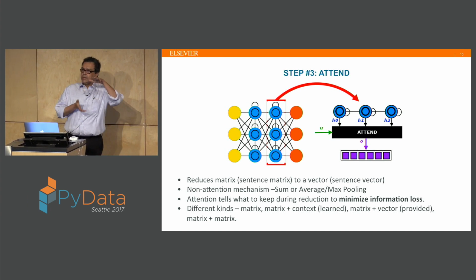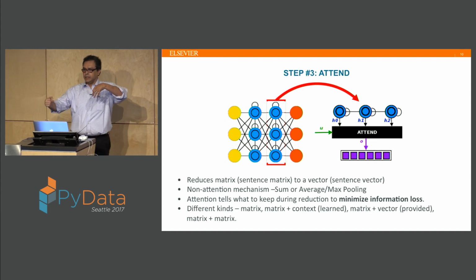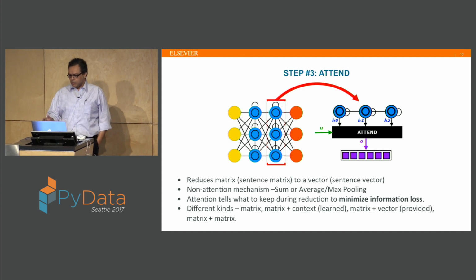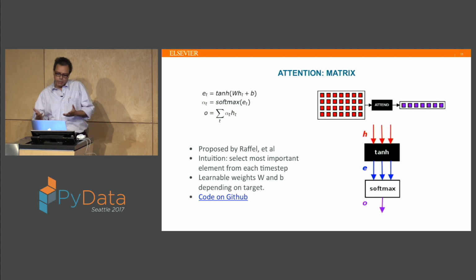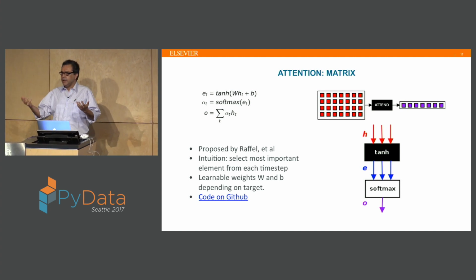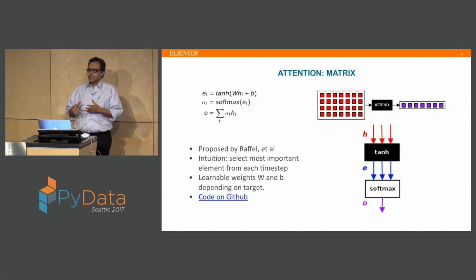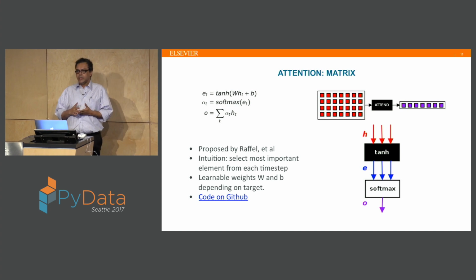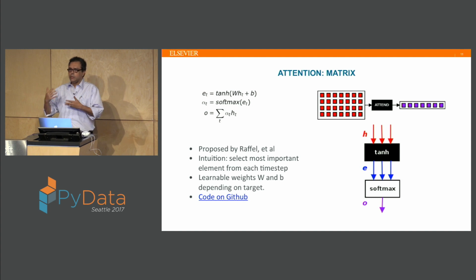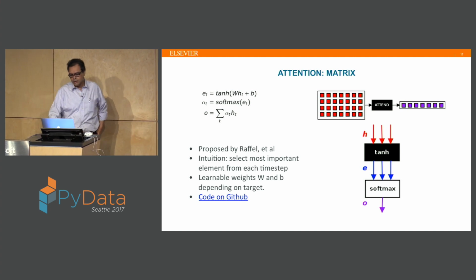And in another one, you take a matrix and in the process of reducing it to a vector, you actually learn another vector, which is called the context vector, right? I'm going to cover those in a little bit of detail, especially if you work with Keras, because all the other steps already have layers available. Attention is the only one which is kind of non-standard, and that's probably why they don't have the layers. So I had to build my own custom layers, which I'll also talk about. It's not really that hard.